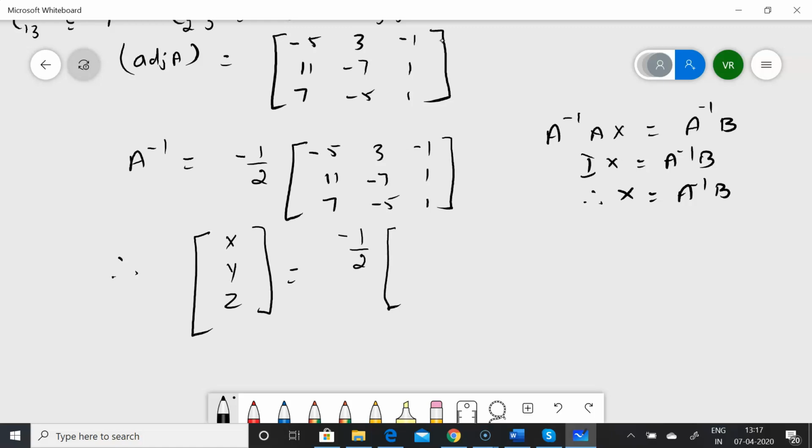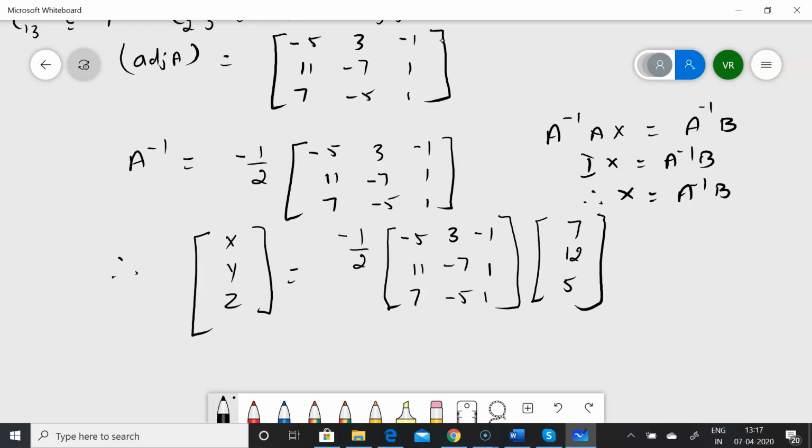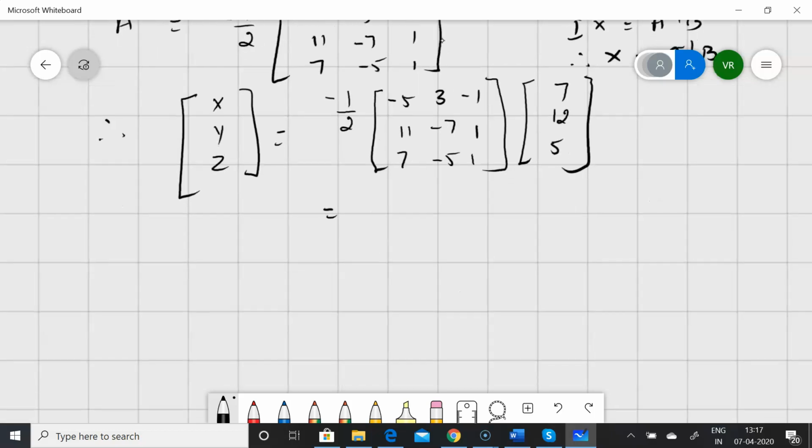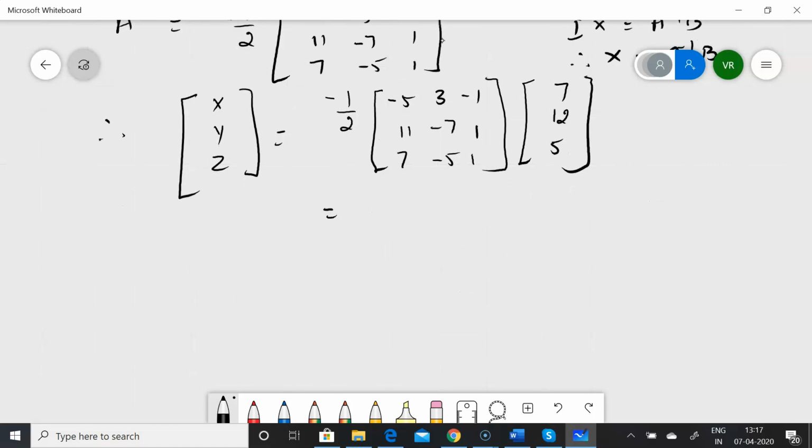multiplying B with the inverse, A inverse: 11, minus 7, 1, 7, minus 5, 1 into 7, 12, 5, which gives you half into minus 35 plus 36 minus 5.